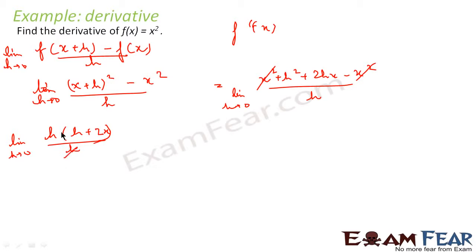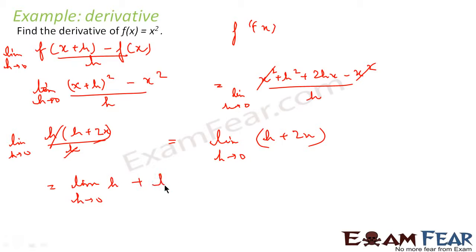Same thing, we took h common, this h cancels. So our expression turned out to be limit of h tends to 0 of (h plus 2x). I can rewrite this as limit of h tends to 0 of h plus limit of h tends to 0 of 2x.